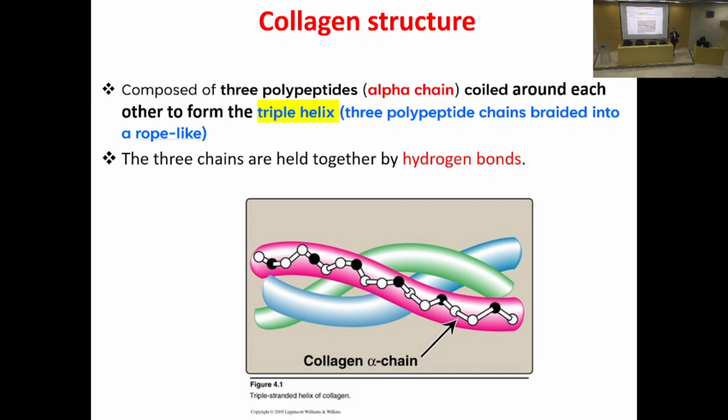This hydrogen bonding between the chains is very helpful to stabilize the triple helix. Okay, clear?